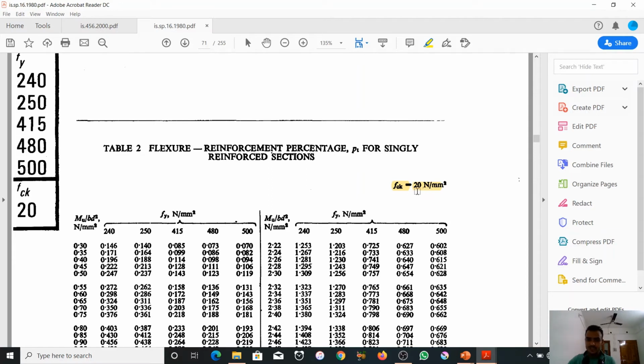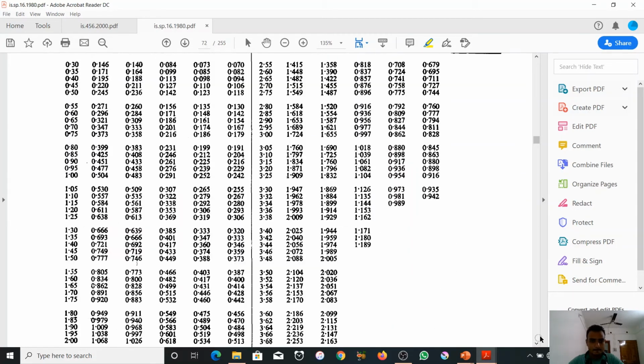So this table we can use, and Fy 415 is also included. Okay, so we can follow this table, both tables here.